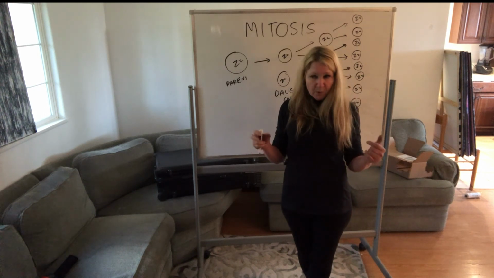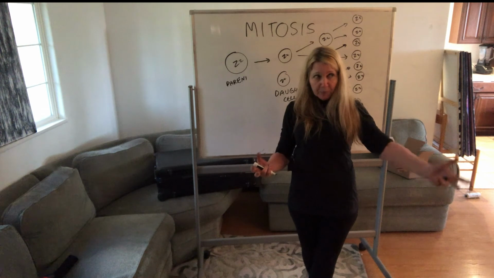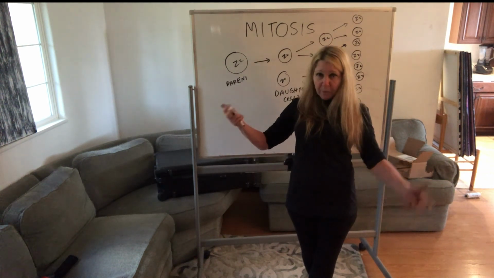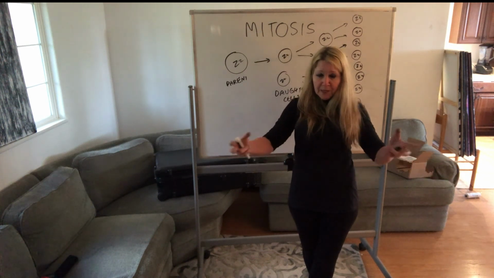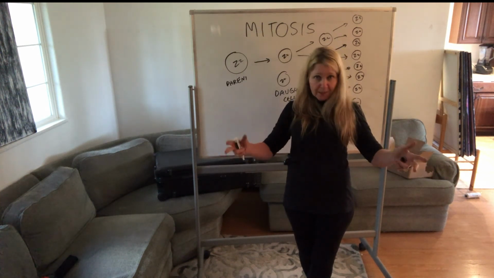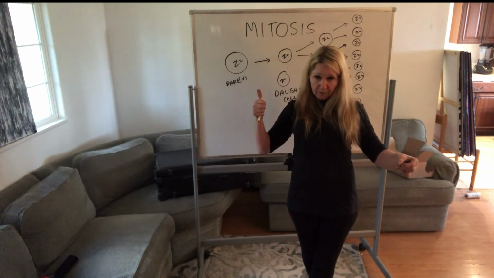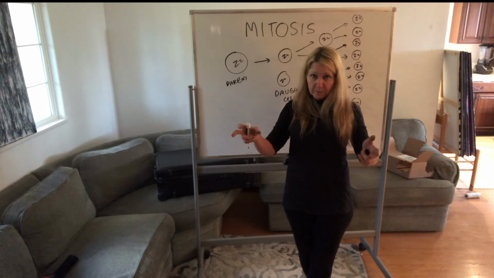And this is what really leads to genetic variation. Because if all sperm cells and egg cells were made by mitosis, we'd all be clones of each other, right? We'd all be the same. But sperm and egg cells are not made from mitosis. They're not made by cloning cells, because we'd all be the same.